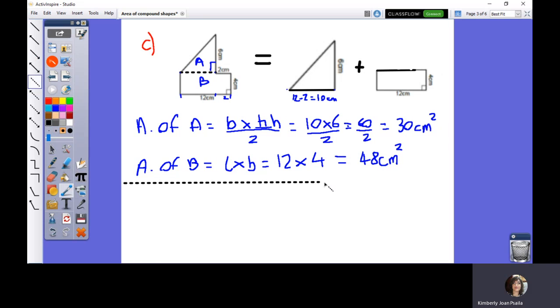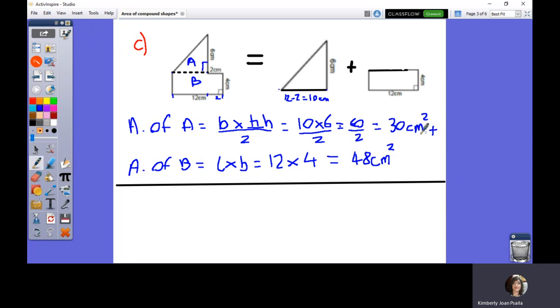The last step you should do is that you need to add both areas to find the whole area of this compound shape. Okay, so you have to add 30 and 48 together.